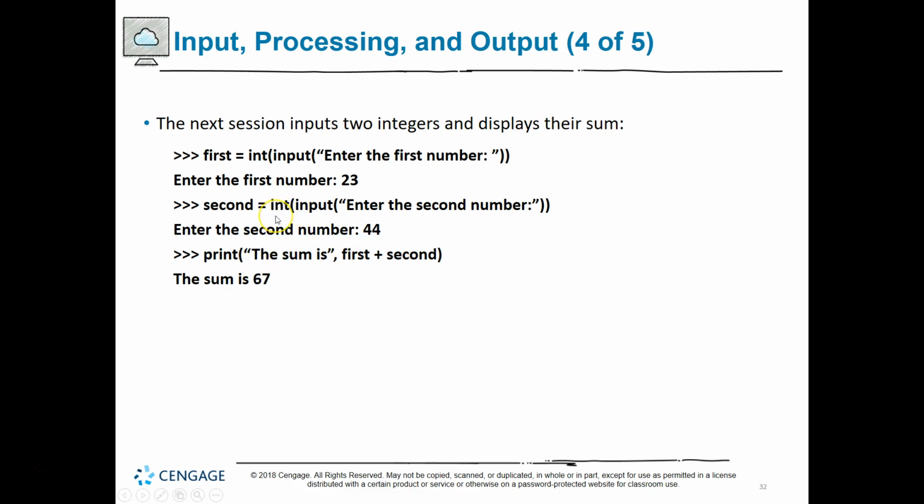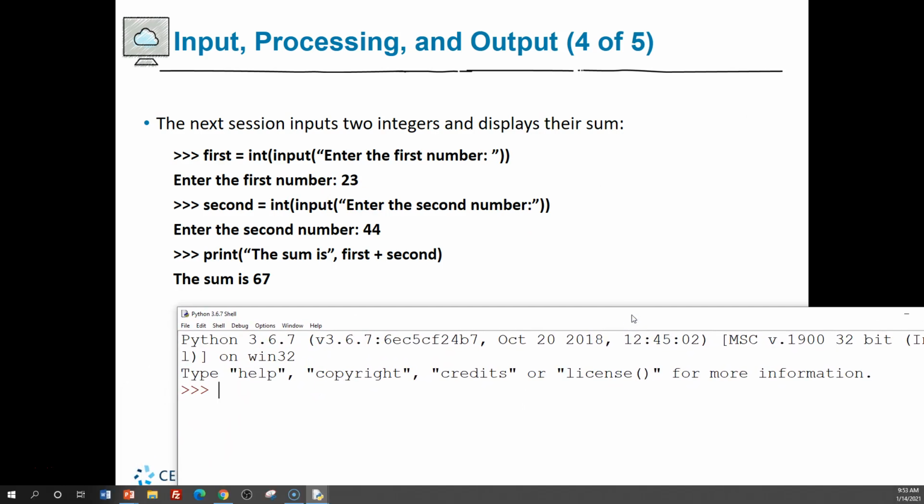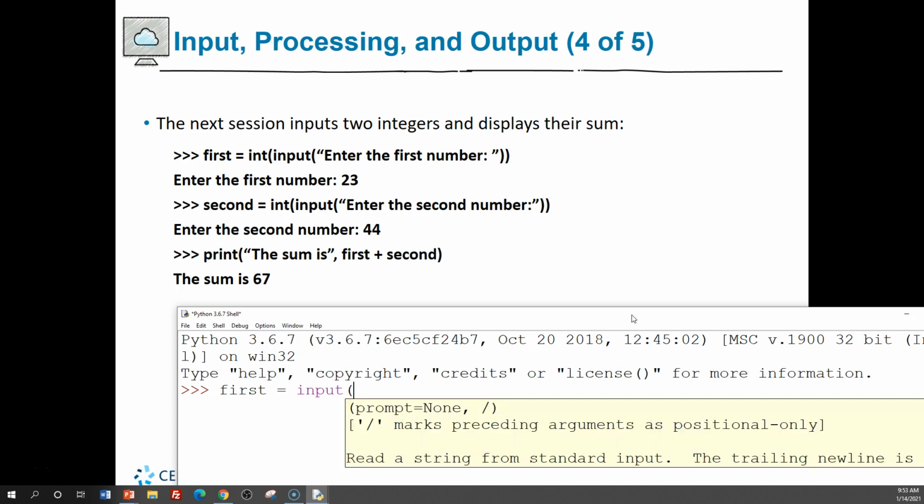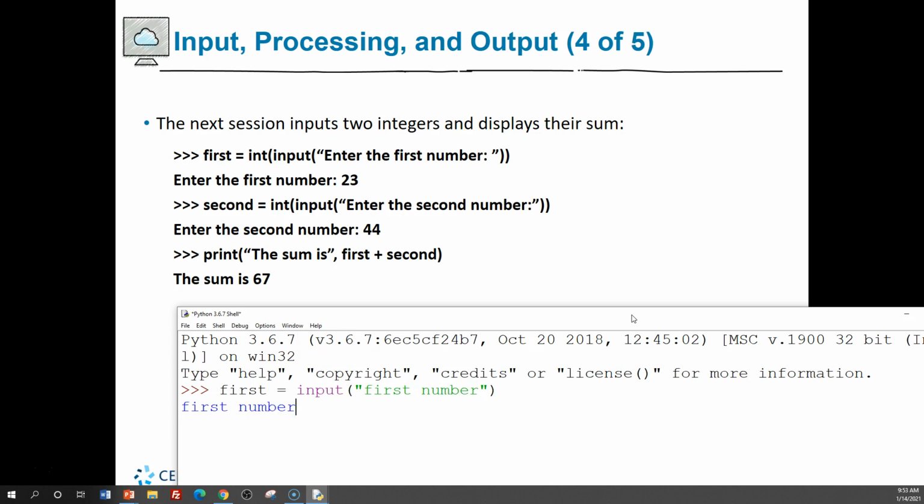However, if I had just tried to add those together without doing that, I can actually show you what that would look like, and you can see what kind of error you might end up with. So we can do the same thing. So first equals input. And notice I'm leaving out that conversion. First number. And so I'm going to put in 23. And then I'm going to put second equals input.